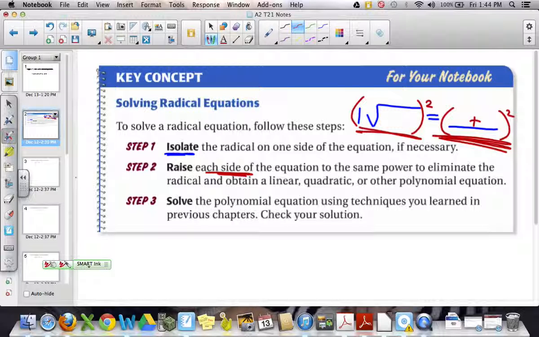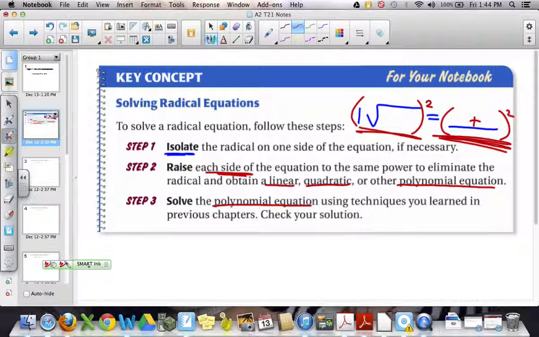When we do that, we're going to end up with a linear, a quadratic, or some other polynomial equation that does not have a radical in it. Then finally in step 3, you're going to solve the polynomial equation that you obtained from step 2 using any technique that we learned in previous chapters. So if we end up with a linear equation, we're going to undo the operations to solve it.